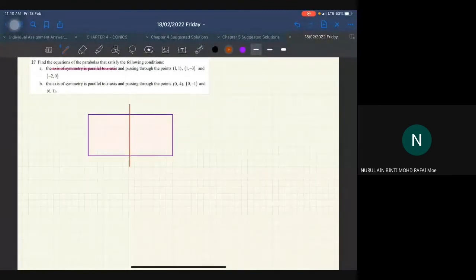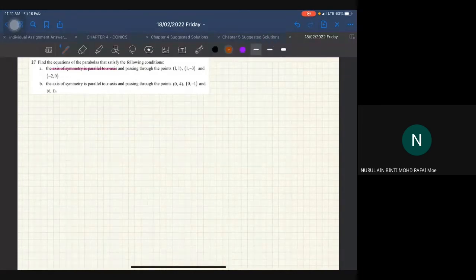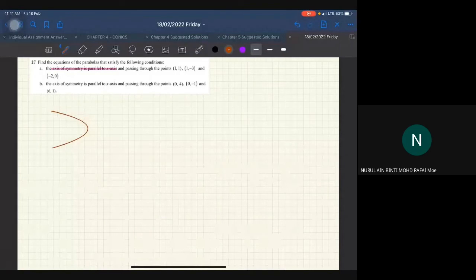Okay, so itu adalah kita panggil sebagai axis of symmetry. Ataupun kita boleh juga lipat dia macam ni. So awak lipat dia atas bawah. So you have two area that have the same size. Okay, so itu adalah axis of symmetry. Okay, so kalau dalam bentuk parabola, so let's say for this shape, okay, so axis of symmetry dia dekat mana? Menegak ke melintang?